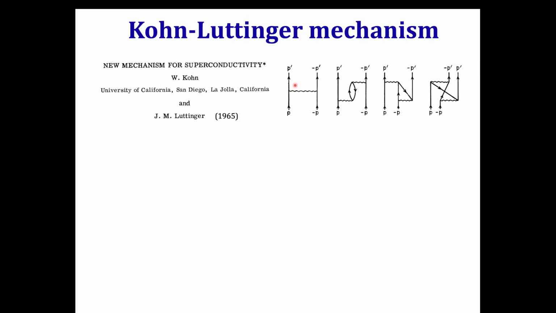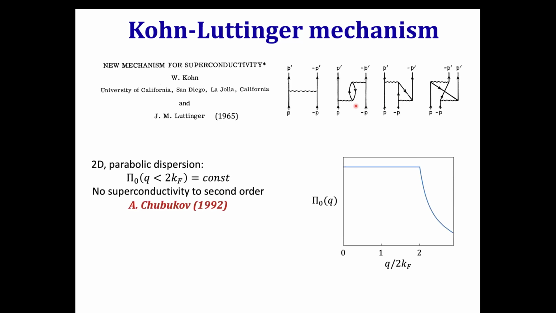At lowest order, you have a repulsive vertex that does not lead to any pairing, but in the weak interaction limit, where you can actually perform this calculation, you just go to the next order. You address this interaction by these terms, and it turns out that the interaction that you get can actually be attractive in a non-S wave channel.